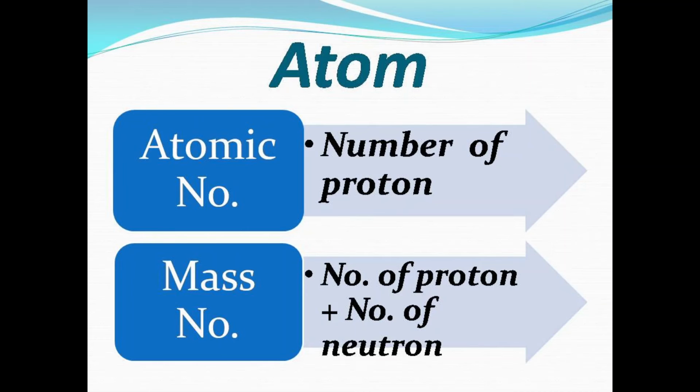Atomic number is always designated as capital Z, whereas mass number is written as capital A, and mass number is equal to the number of protons, that is small p, plus the number of neutrons, that is small n.